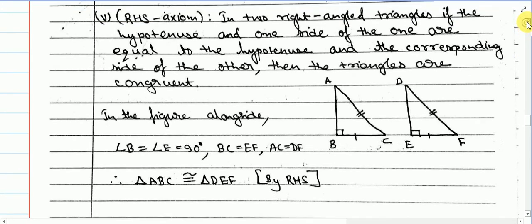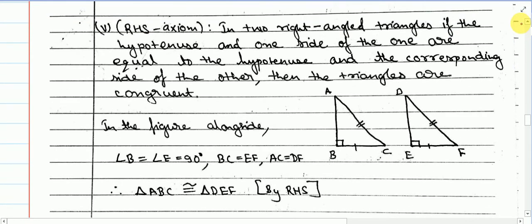Then this RHS means right angle, hypotenuse and side. Like we just now recalled that based on angles, triangles can be classified into three types: acute, obtuse and right angle. For a right angle, the opposite side is called the hypotenuse. So right angle, hypotenuse, side.